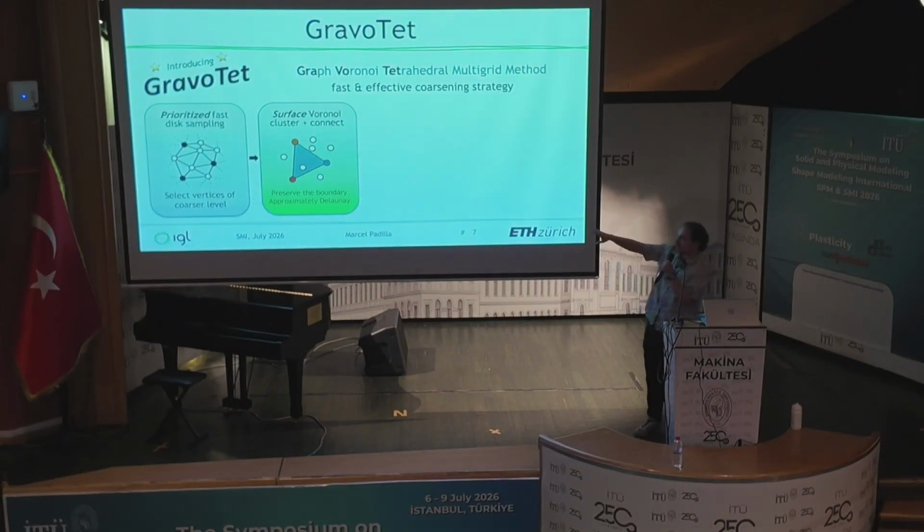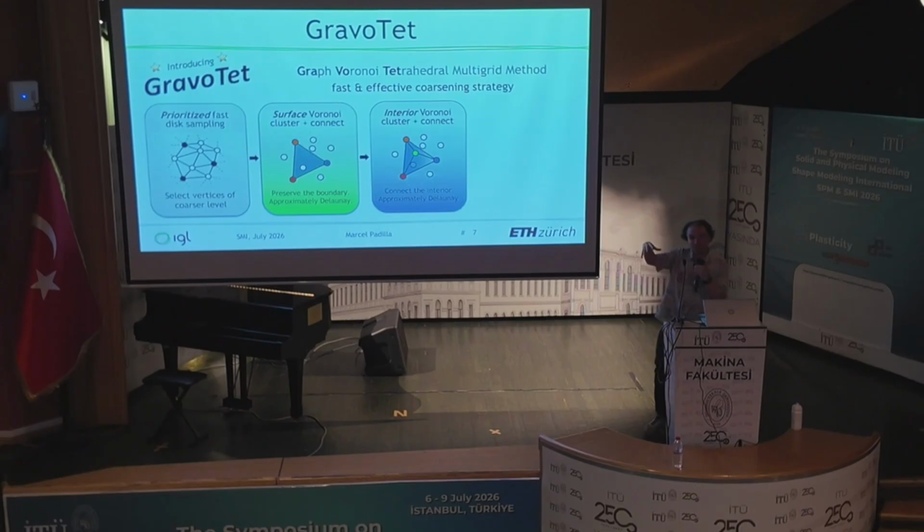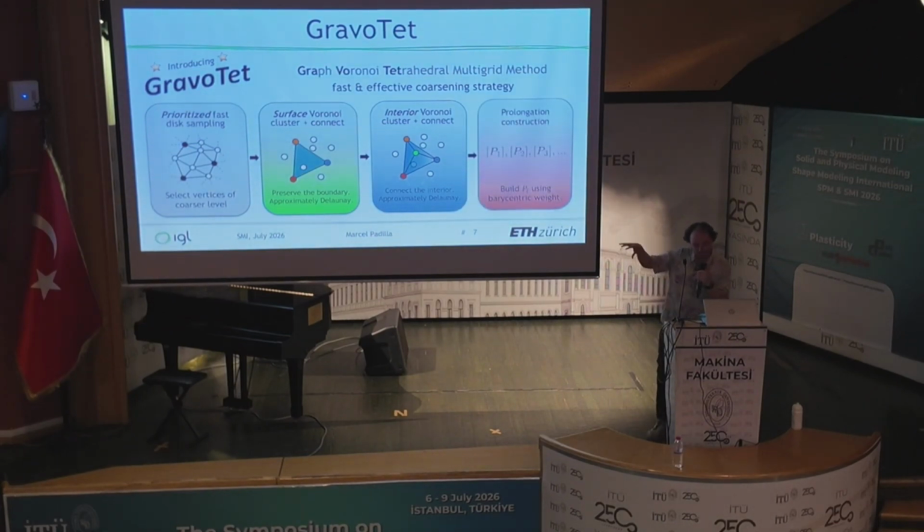We do an approximately Delaunay connectivity on the surface. I'll explain that soon. And then we continue to the interior. Once the surface is established, we can connect the interior of our subsampling, our hierarchy. And after we have done that, we have a set of tetrahedra, and then we can compute the barycentric weights to actually get the prolongation matrices.